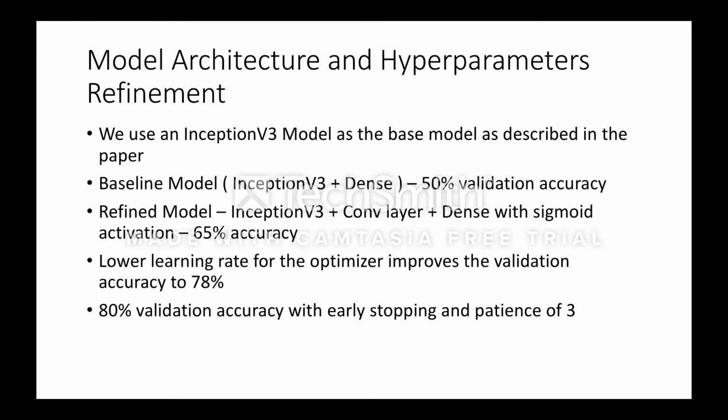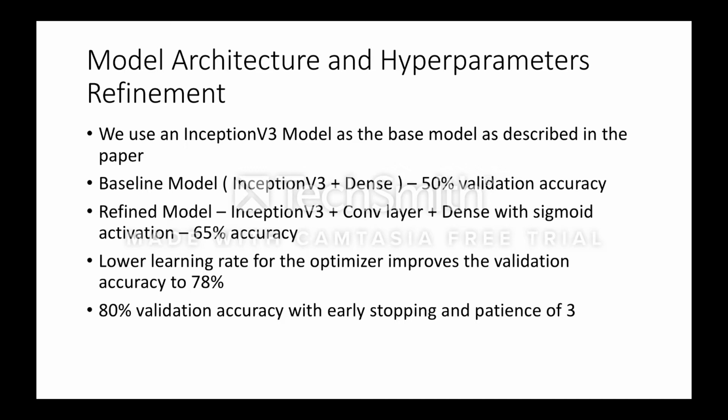Using the paper as a baseline model, I got a 50% validation accuracy, and then I refined the model by adding a convolution layer to the base model output. That is, for the base model Inception V3 output, I added a convolution layer and then a dense layer with sigmoid activation to get the probabilities for the tumor detection, and this increased the accuracy to 65%.